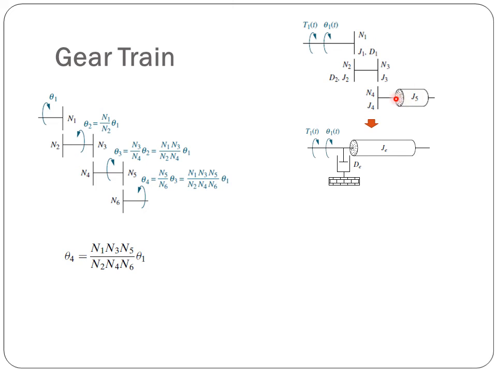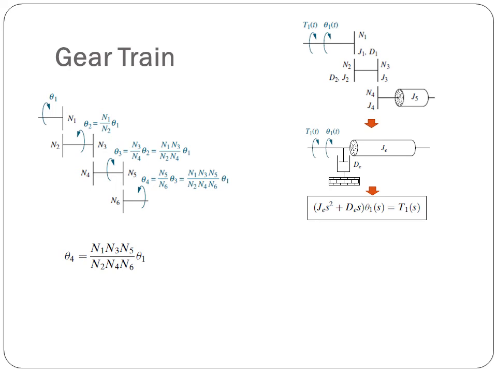So we have to transfer all this inertia, J2, J3 and the rest, to this theta 1 area. So let's do that. How can we do it?